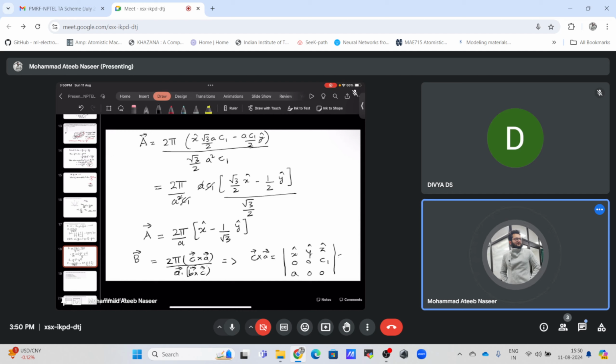For x it is 0, for y it is minus times minus of a c1, so it will come out to be a c1 ŷ, and for z it is 0. So this is the value of c × a.